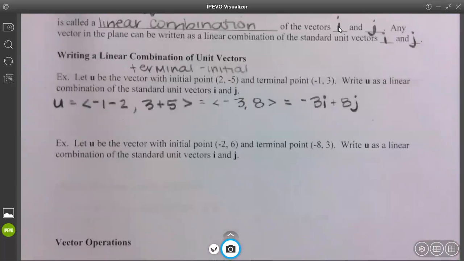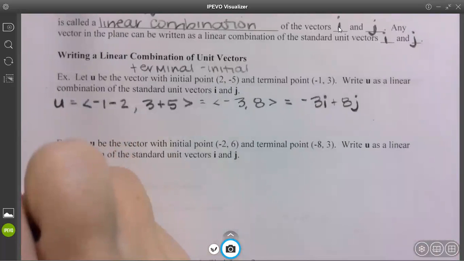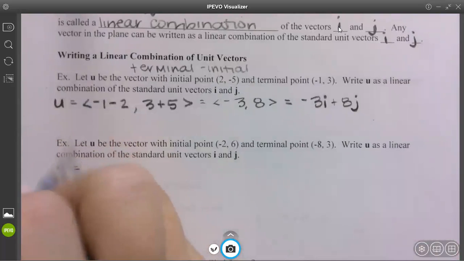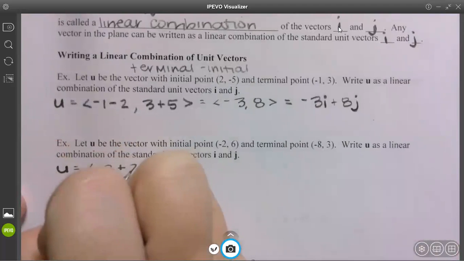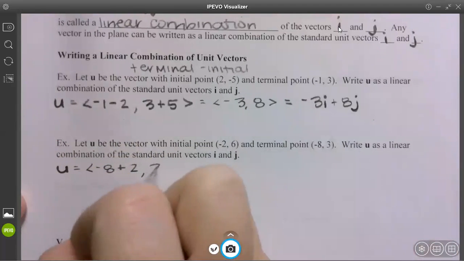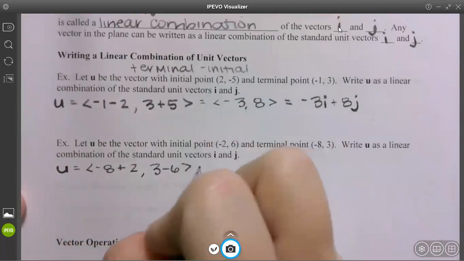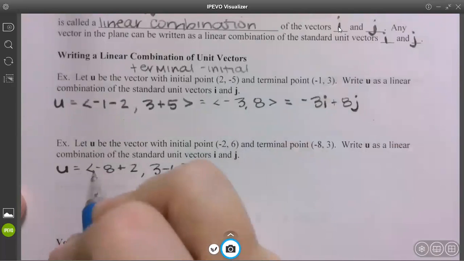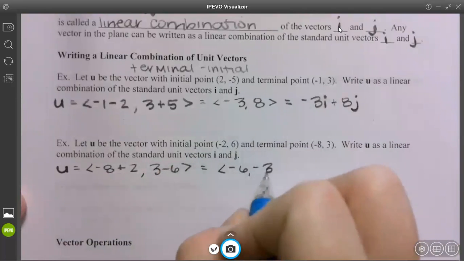So we're going to do this again. Let U be the vector with initial point and terminal point. So again, terminal minus initial. Our terminal was -8 minus -2 would be a +2, and then 3 minus 6. When we put those together, negative 8 plus 2 is negative 6. 3 minus 6 is negative 3.